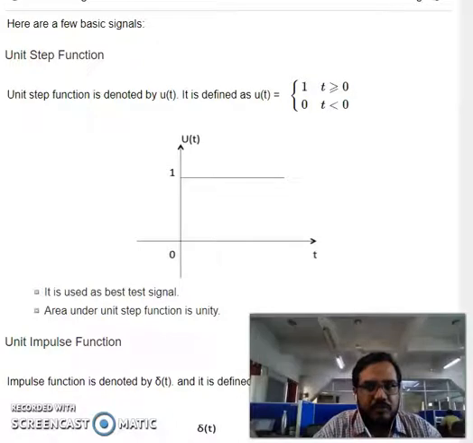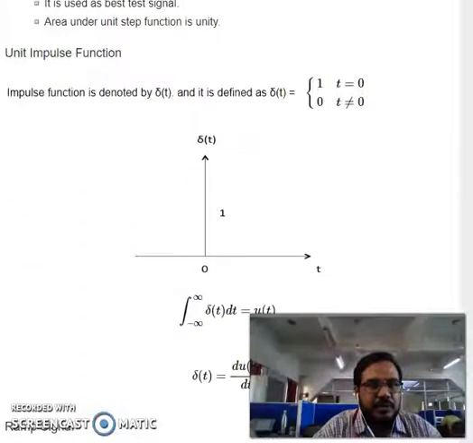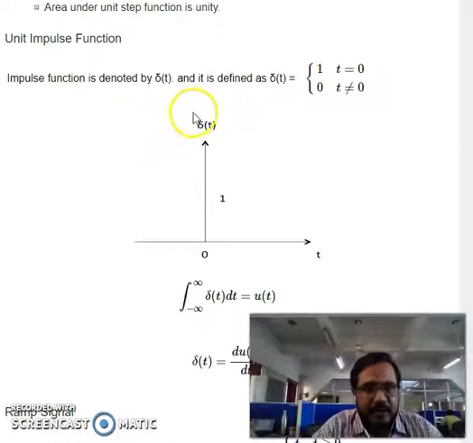Okay, now coming to the unit impulse function. Impulse function is denoted by delta of t, and mathematically it is defined as delta of t equal to 1 when t equal to 0 and equal to 0 when t not equal to 0. What is the meaning?